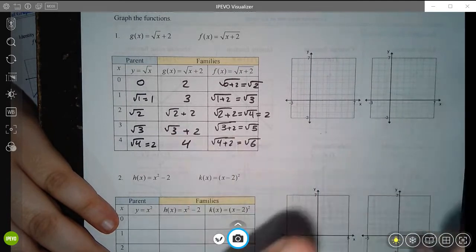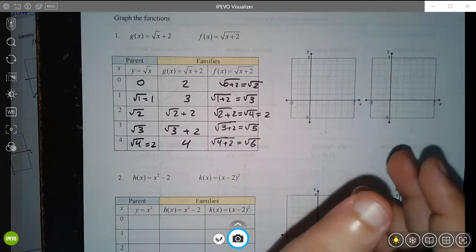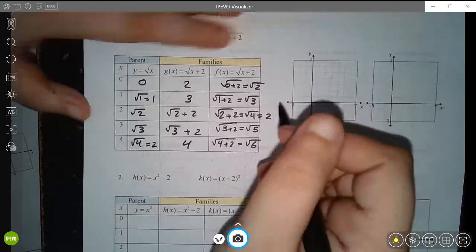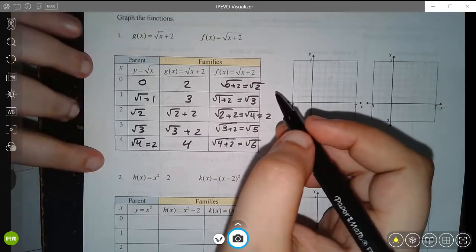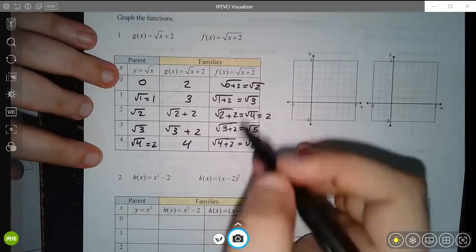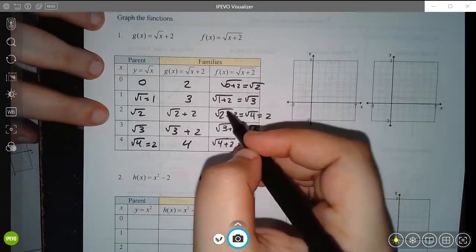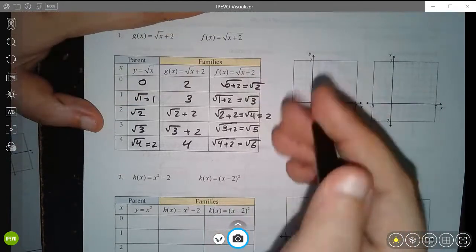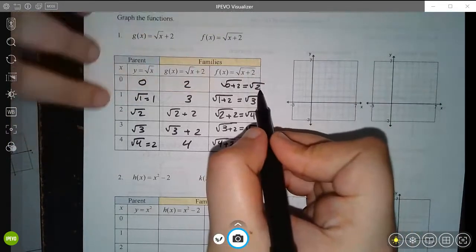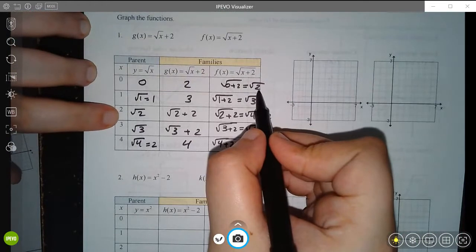Okay, now here's something I want you guys to notice. For the x values, because we did the horizontal shift, when you added numbers to the x values, you basically moved the function 2 steps to the left. That means that the first point started at this value. See that?